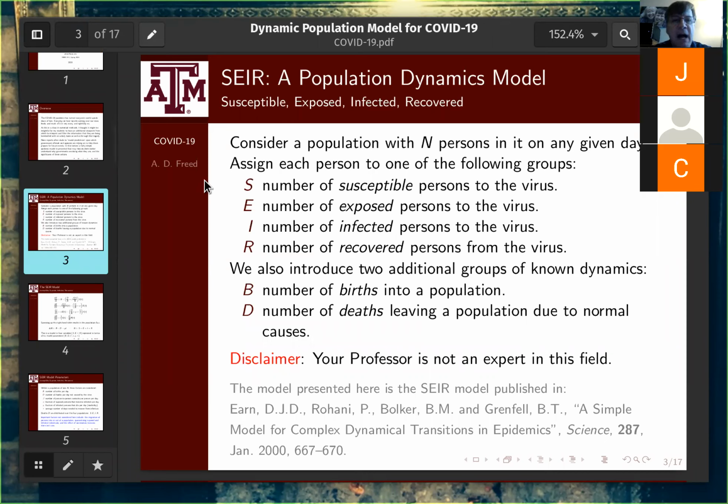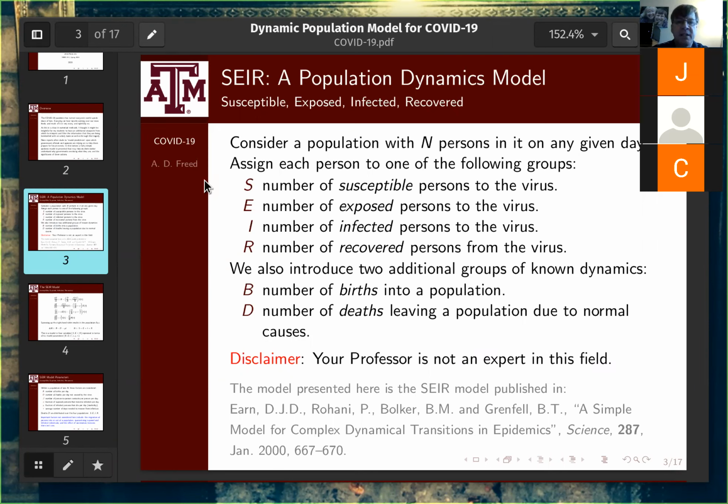I found a model published in Science, January of 2000. So it's long before our current position, but it was dealing with a disease epidemic, and they looked at several flu-type scenarios in their paper.